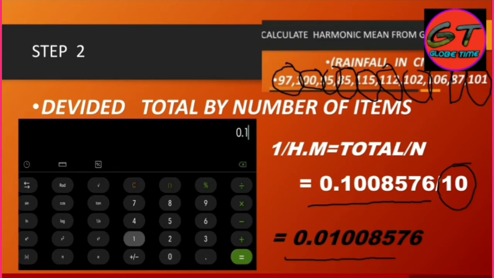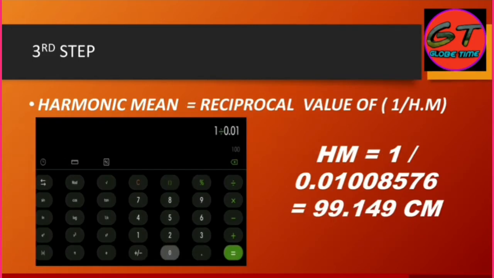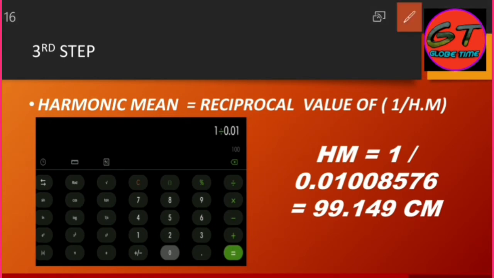Next, harmonic mean equals the reciprocal value of 1 by harmonic mean.